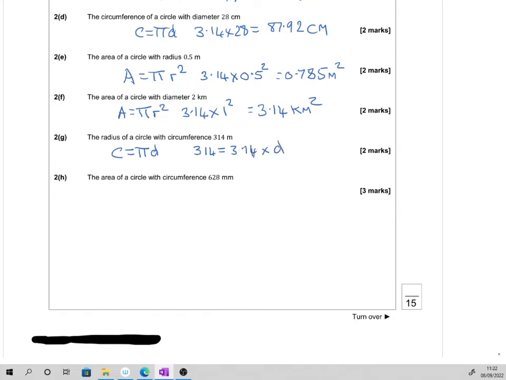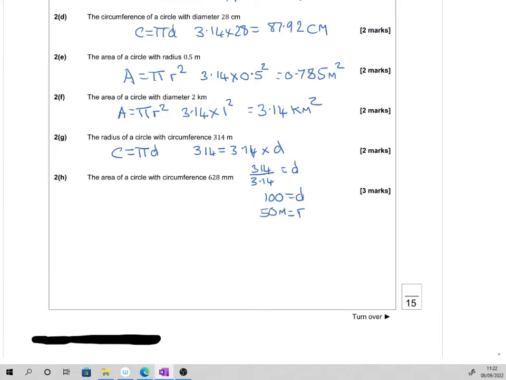So we divide: 314 divided by 3.14 equals d. That's 100. So 100 equals d. The radius is half of that, so it's 50 meters.